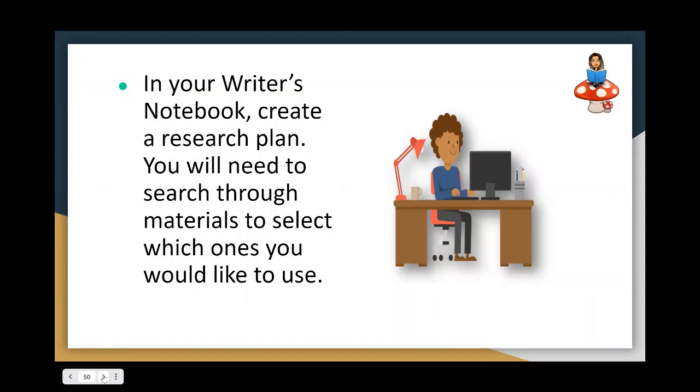You will need to search through materials to select which ones you would like to use. Make sure to determine which sources you would like to utilize in your report, primary sources or secondary sources. Make sure to include both and see how they can be accurately depicted inside your research writing.